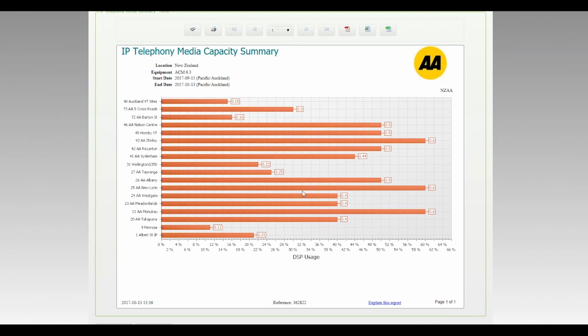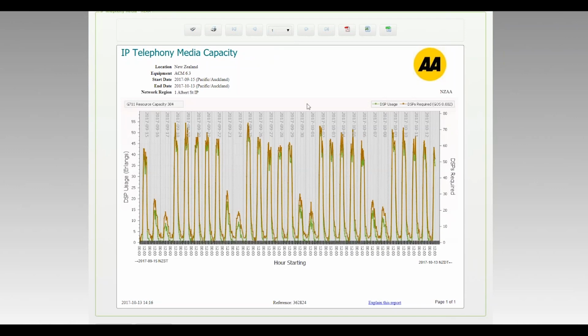That's your capacity summary view. If you want to look in detail and start to forecast, maybe some of these sites here that are running at 60%, forecast over time exactly if they're growing or shrinking. So are we going to need to add additional resources sometime in the near future? You might want to do that for budgeting purposes, and that's where the detail report comes in.